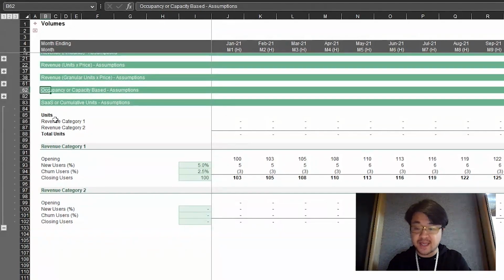Now, the last piece that we're going to look at is what we call cumulative units, commonly used in software as a service, so monthly subscriptions, annual subscriptions, all of that kind of, where you bring on a user, subscriber, member, however you want to call it, and then that individual or unit will stay and accumulate over time, and that figure builds, and then those amounts are what you're charging against.